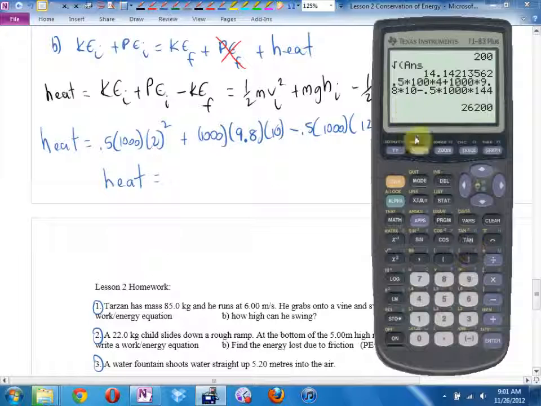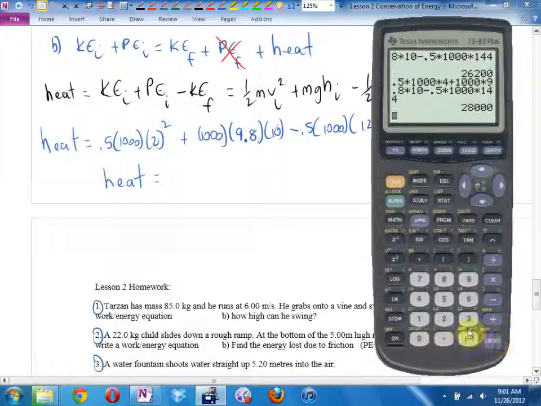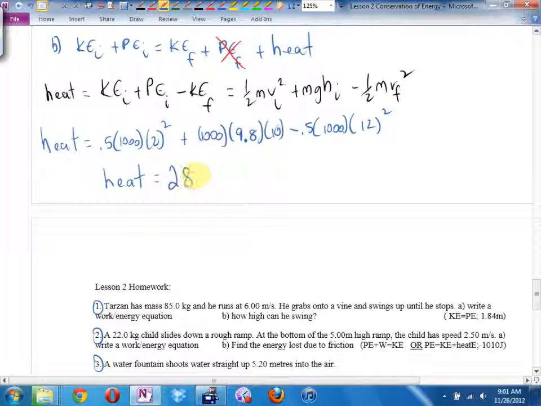A half m v squared is 2 squared, plus 1,000 times 9.8 times 10. The height was 10, wasn't it? Minus 0.5 times 1,000, I used 100 instead of 1,000. There we go. Thank you. You get 28,000? Yes. Okay, that's better. And that's 2 or 3 sig figs, and heat is measured in joules.